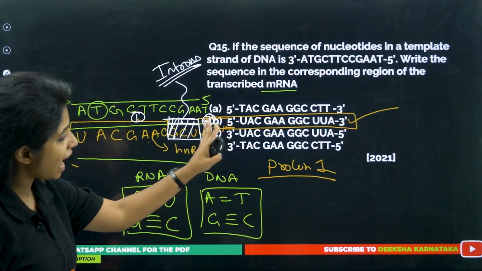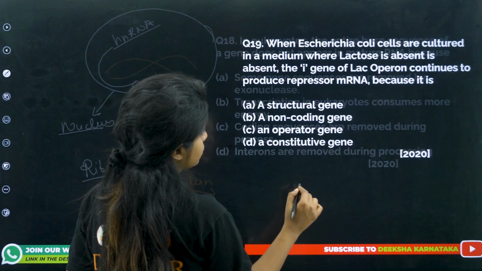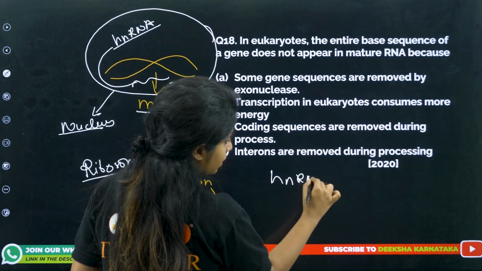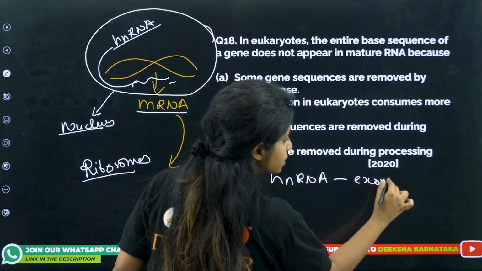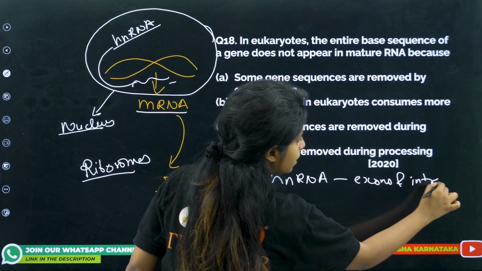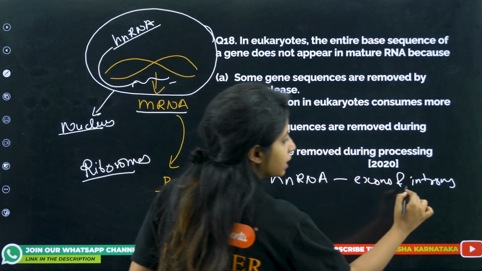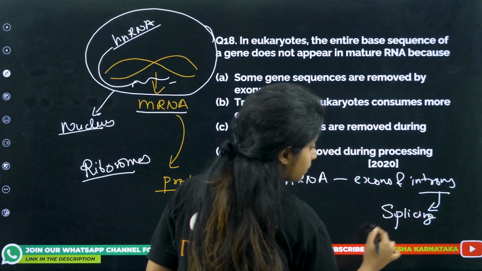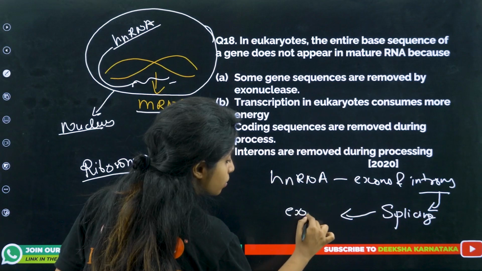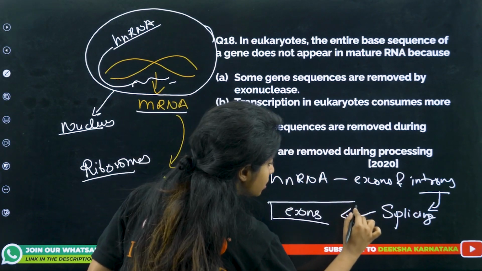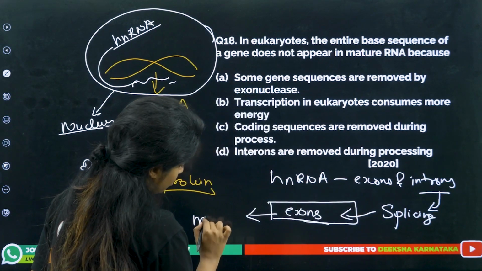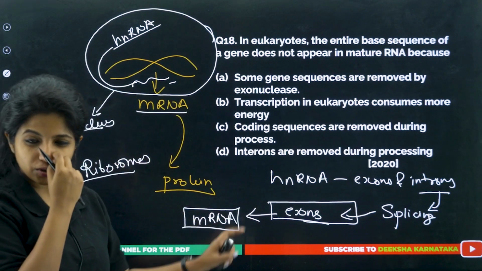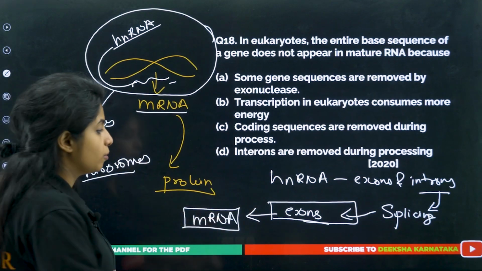Initially I have hnRNA which has both the exons and introns. Later I cut the introns off, and this process is known as splicing. Now I just have exons, the coding ones, and I call the sequence of exons as mRNA, that is messenger RNA, which is the mature form of RNA. This is the mature form that we want.